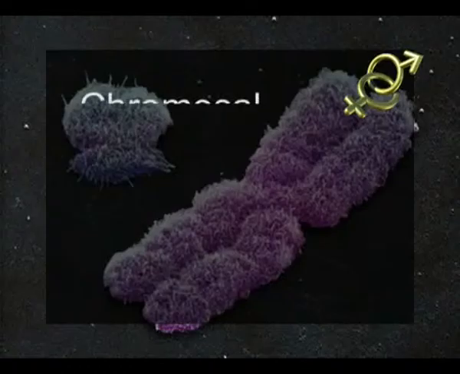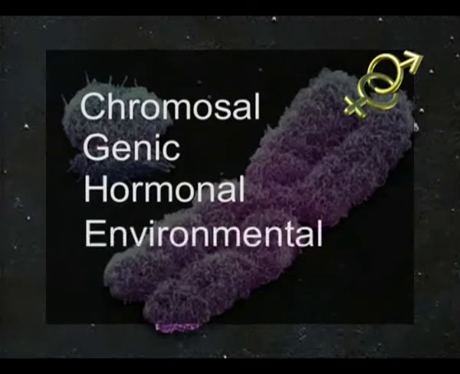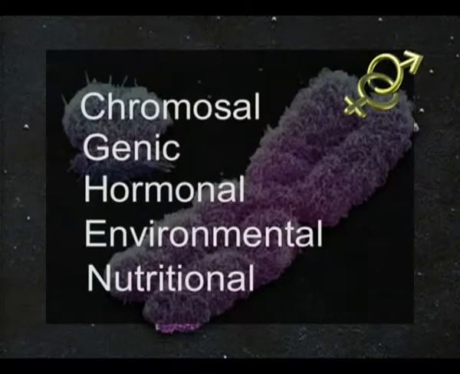The mechanisms of sex determination are essentially similar in both plants and animals, which were classified by earlier biologists into several groups like chromosomal, genic, hormonal, environmental, and nutritional. The structure and number of sex chromosomes vary in different organisms.